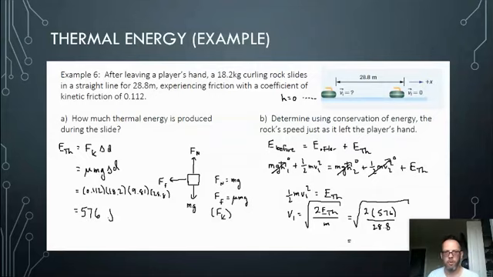Did I do that right? 28.8? No, 28.8 is the distance. Okay, I didn't get what I got earlier, so I just double checked that. Because the mass is 18.2. So I got 7.96 before, but I'm going to double check that because I don't trust myself anymore. 18.2, shift root. Yeah, 7.96 meters per second is what it left its hand with.